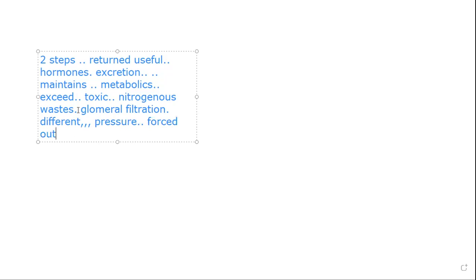Now, urine formation: the first step was the glomerular filtration. The glomerular filtration is also known as ultrafiltration, and what happened was that, due to the difference in diameter, I am revising the topic again, a pressure was created in the glomerulus, and due to this pressure, liquid was forced out of the glomerulus into the Bowman's capsule.